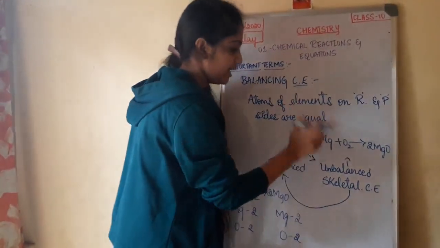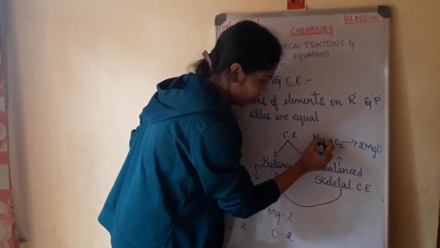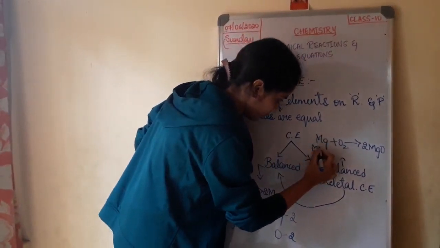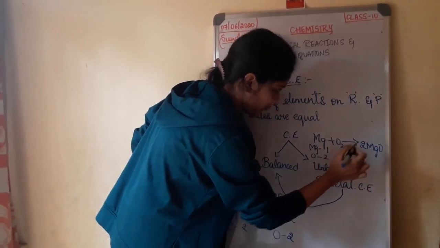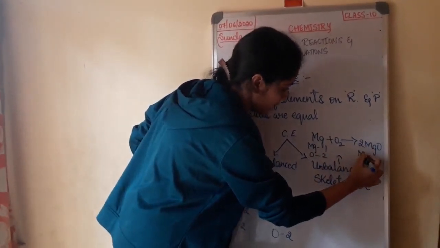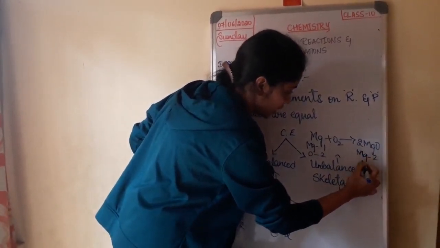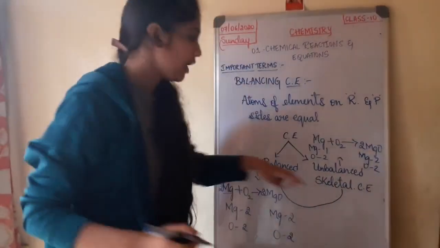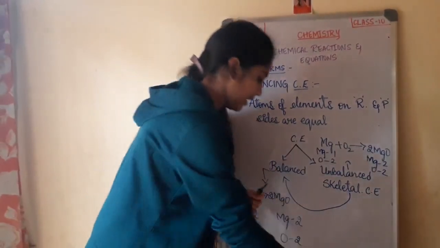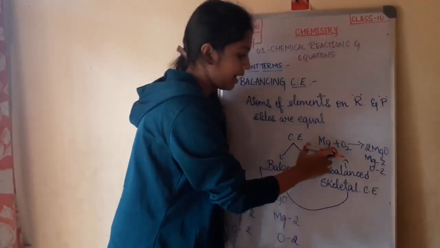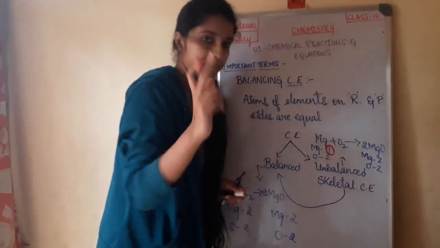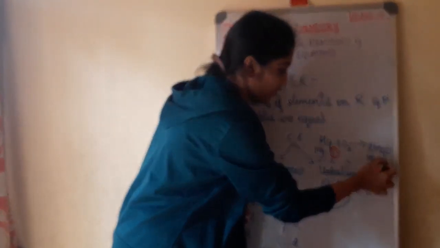Whereas here, Mg you have only 1, whereas oxygen 2. On the product side you have 2 Mg and 2 oxygen. Here you can easily say that there is a difference. On the reactant side you have only 1 magnesium, but on the product side you have 2.